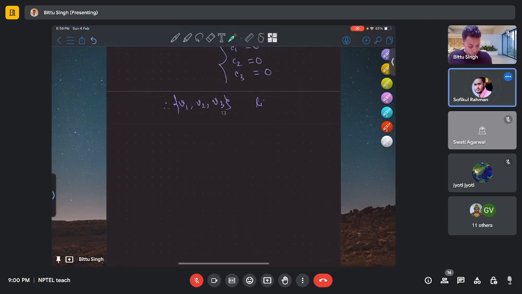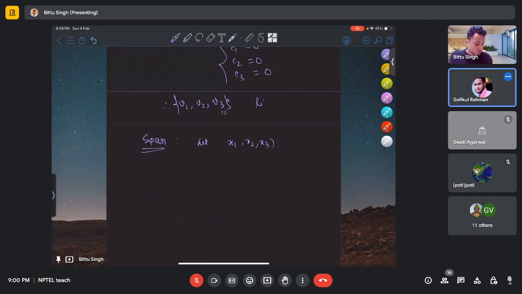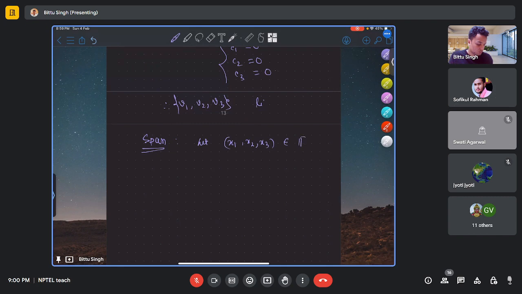So, span. We need to check whether it is spanning or not. So let x1, x2, x3 be any vector in R3.